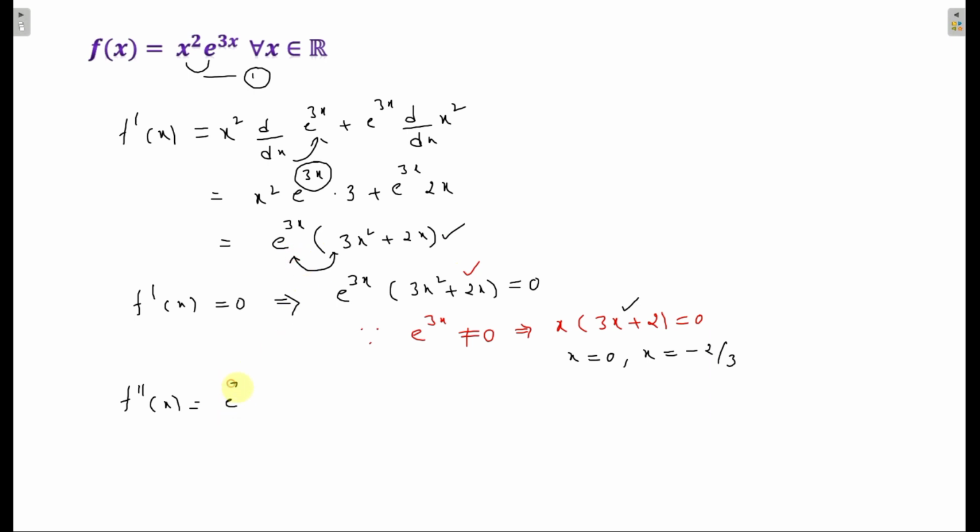So e^(3x) as it is, times the derivative of (3x² + 2x), plus (3x² + 2x) times the derivative of e^(3x). So e^(3x) as it is, the derivative of 3x² is 6x, the derivative of 2x is 2, so I get 6x + 2, plus this term as it is.